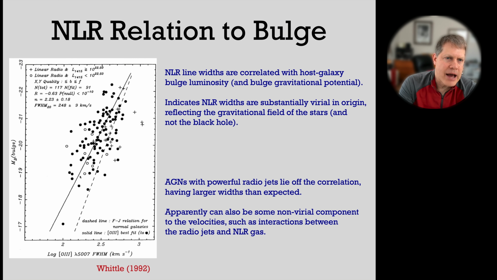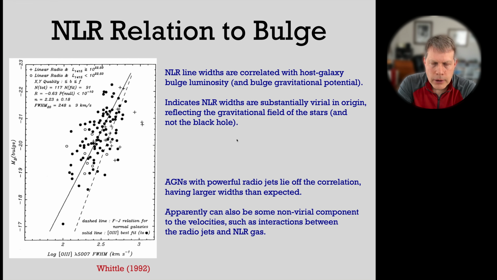And while there's a fair amount of scatter here, you can see that in general, as you go to broader line widths, you are dealing with bulges that are progressively more luminous, more massive. Okay, this indicates that the NLR widths are indeed substantially virial in origin, but that they reflect the gravitational field of the stars in the bulge here, and not so much the gravitational influence of the black hole itself.